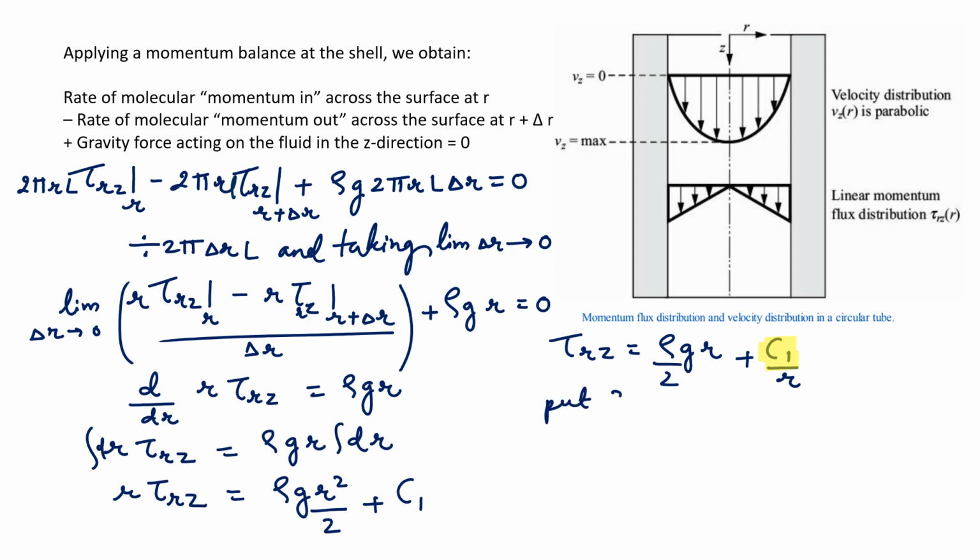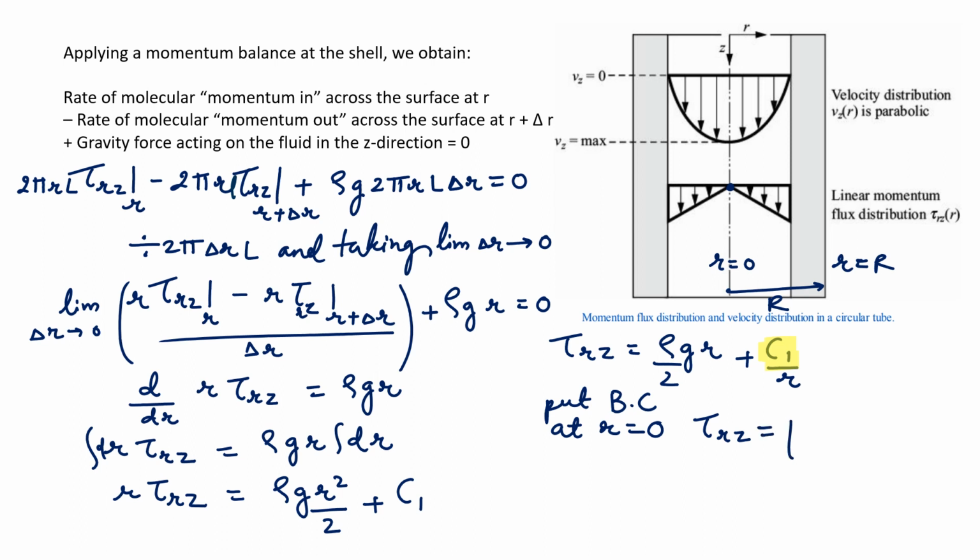The boundary conditions are at r equals 0 and r equals capital R, which is the radius of the pipe. But I am putting the boundary condition at r equals 0 to find c1. What will tau rz be at this condition?